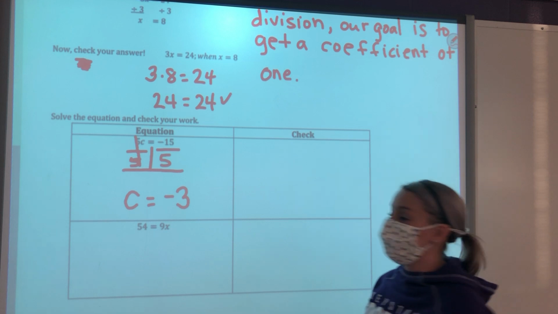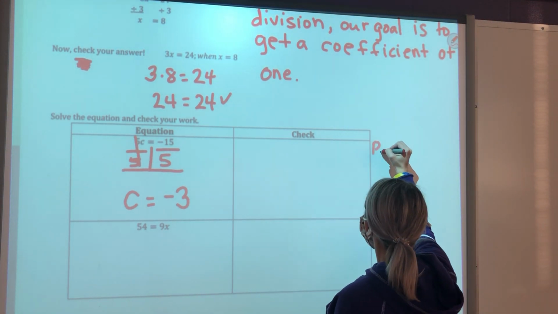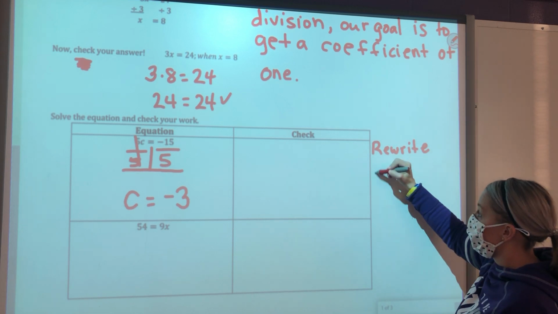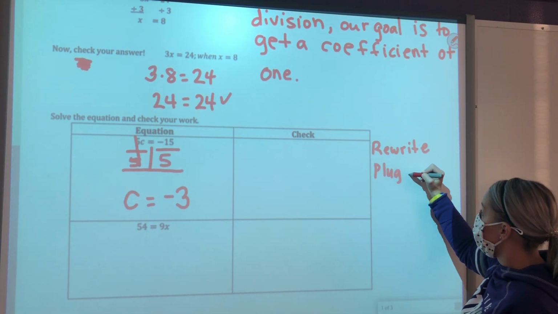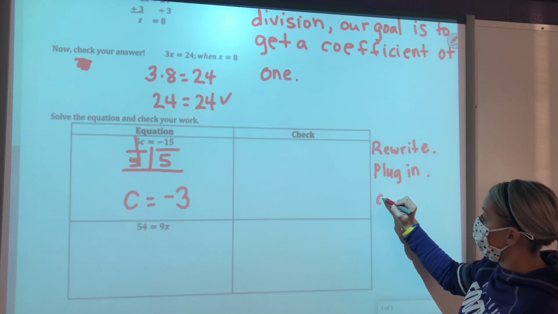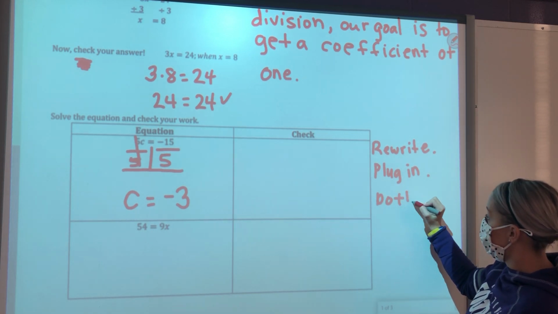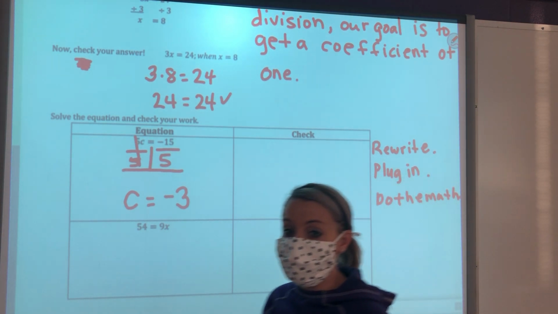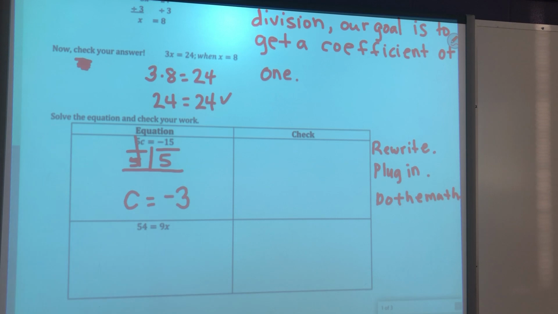All right, so to check it, rewrite it. Plug in. Do the math. Okay, so those are our steps for checking. Rewrite it, plug in our value, do the math.